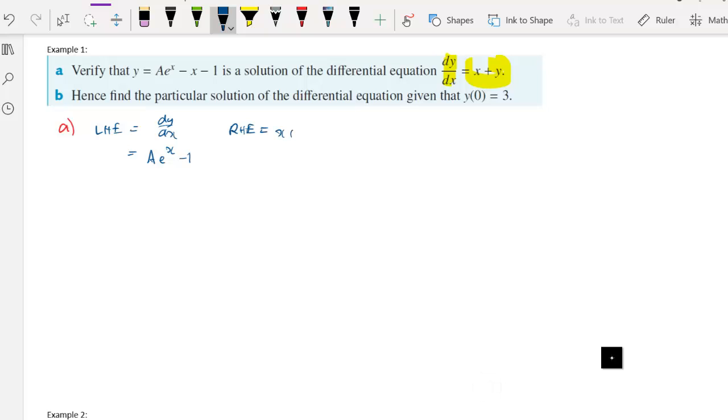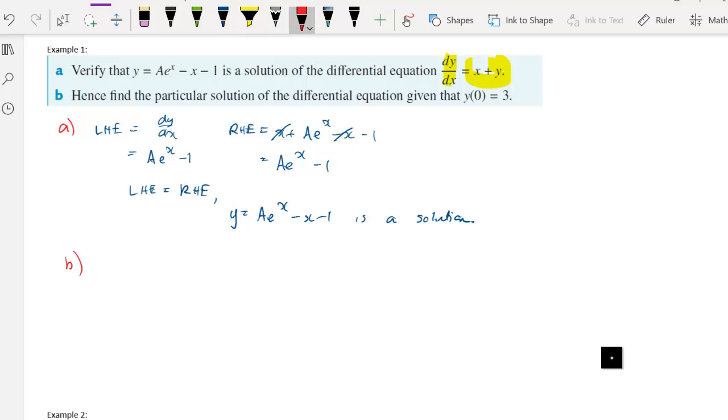So we've got x plus, now y is ae to the power of x minus x minus 1, so plus x, subtract x, and we're left with ae to the power of x minus 1. Now what we can see here is that our left-hand side is in fact equal to our right-hand side, and therefore y is equal to ae to the power of x minus x minus 1 is a solution. Nice and easy.